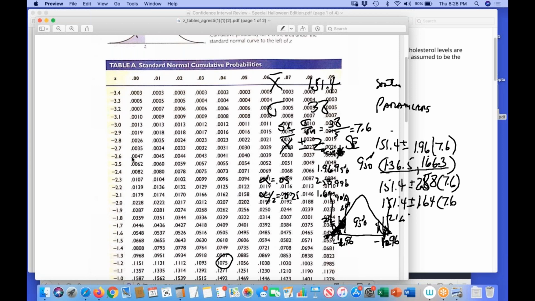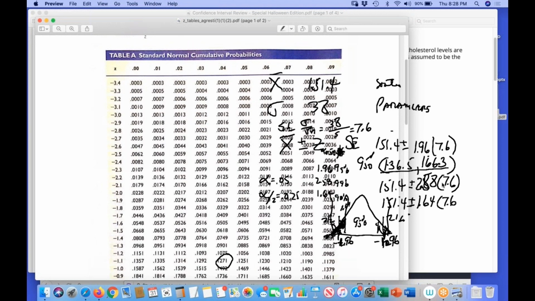Here we go, -2.5. So here we are right in here, one of these two, right? 2.5 looks like either 7 or 8. I'm going to choose 8. Okay, -2.58.